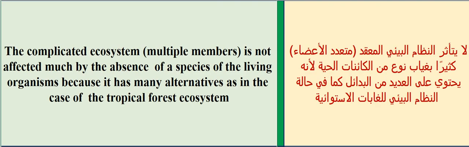The complicated ecosystem, with multiple members, is not affected much by the absence of a species because it has many alternatives, as in the case of the tropical forest ecosystem.